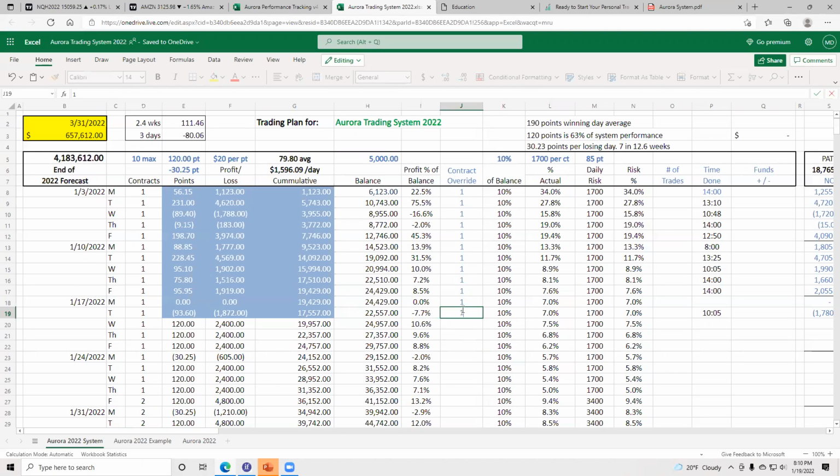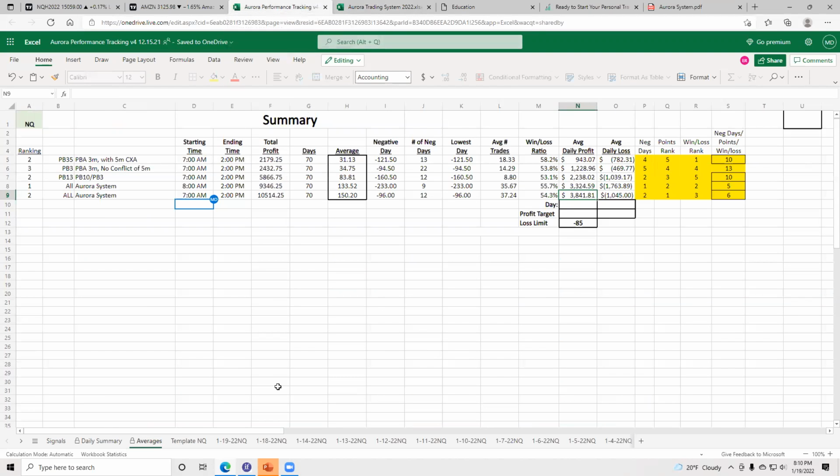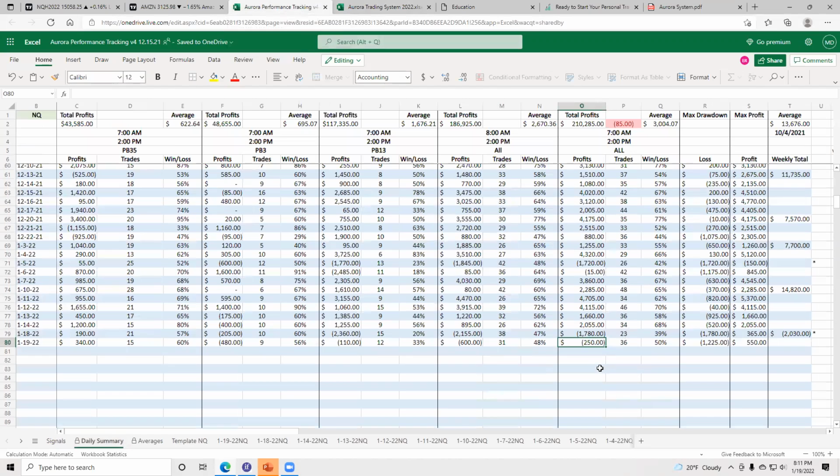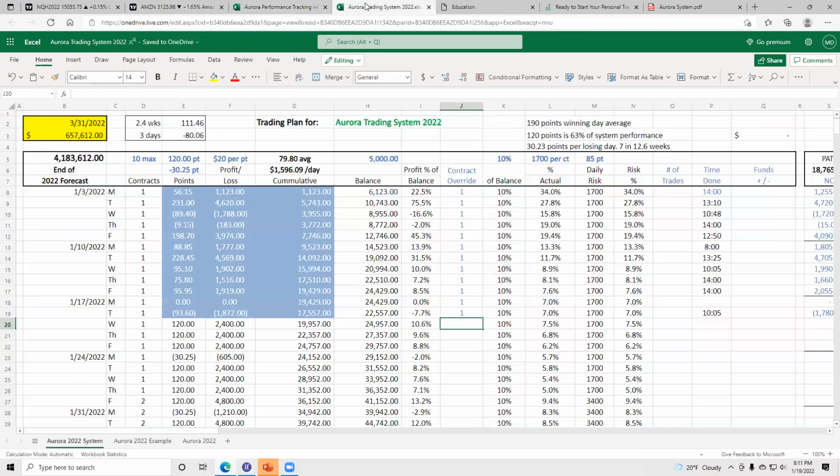Greg's asking if I can fill in today's trading system results. Today we were right in lockstep with the system, down $250 on 36 trades.